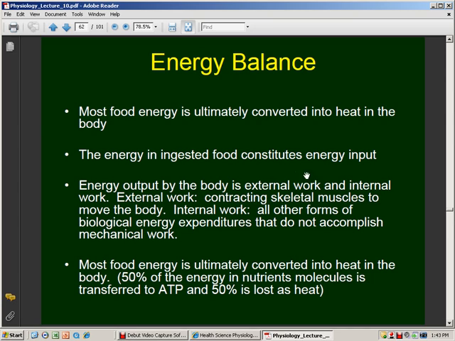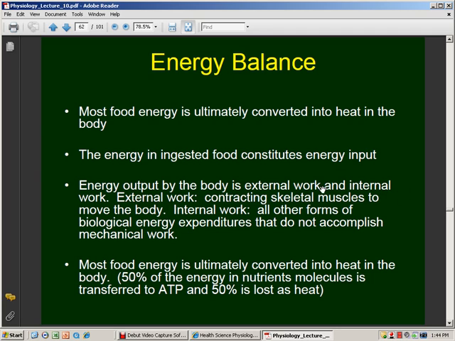So external work's when we're moving across the room, walking across the room, lifting weights, jogging, playing basketball, whatever you're doing where you're moving your body. Internal work's when you're moving things within the cell. So little biochemical processes where you're moving things. Your cell, remember, is like a little tiny city. You're moving things constantly back and forth, using energy to do that.